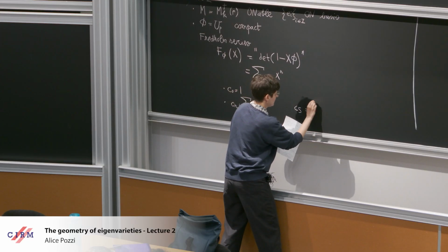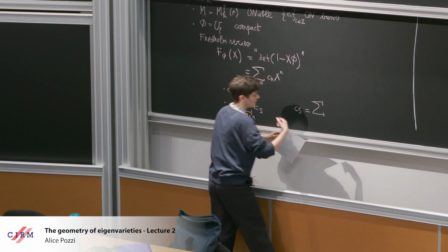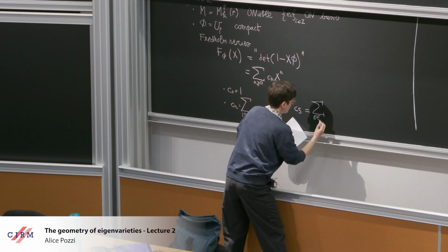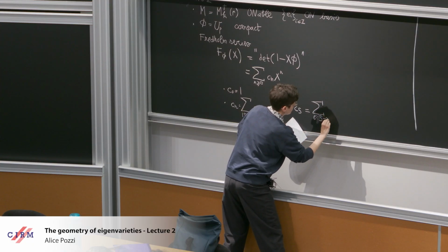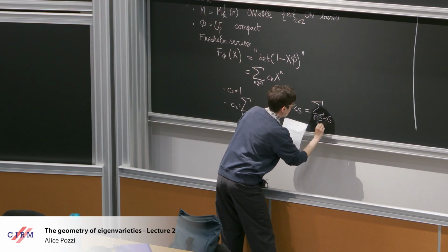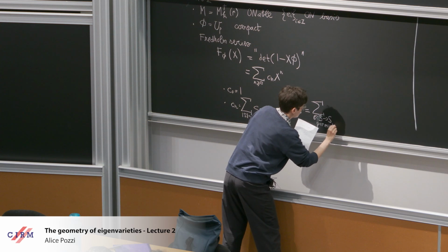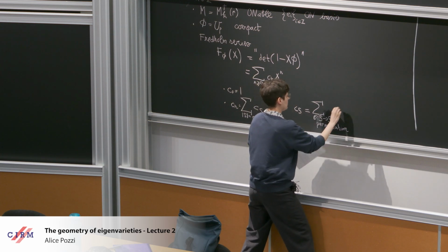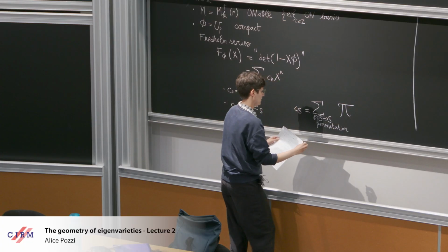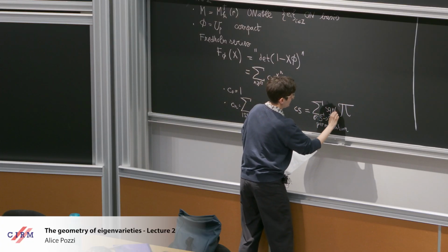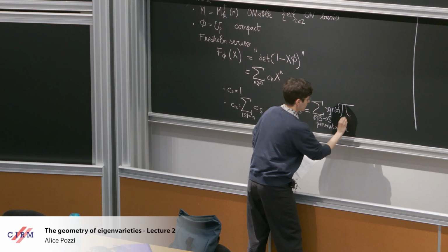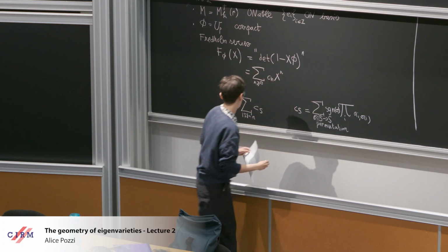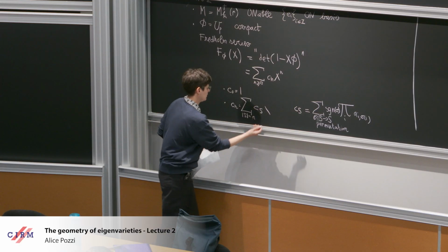This is going to look like a determinant, more or less: the sum over sigma, a permutation of S, of the sign of sigma times the product over i of a_{i,sigma(i)}.